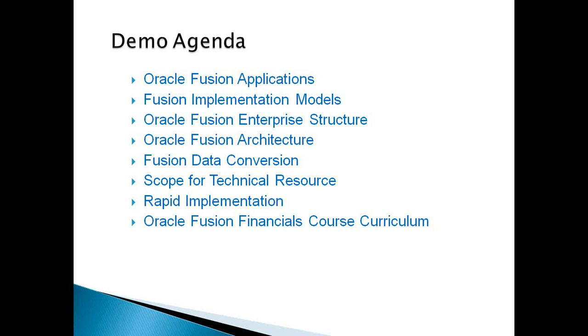In EBS, the technical people also play a very major role along with the functional people, but what is the scope for technical resources in Fusion applications, we'll discuss. Next is rapid implementation: what it means, and what approach Oracle has given to do a rapid implementation. And finally, we'll discuss our course curriculum.